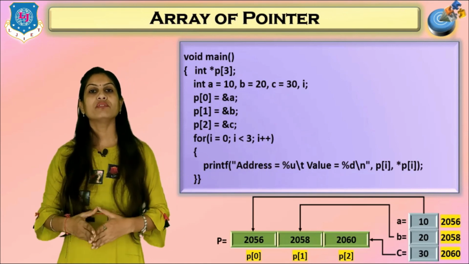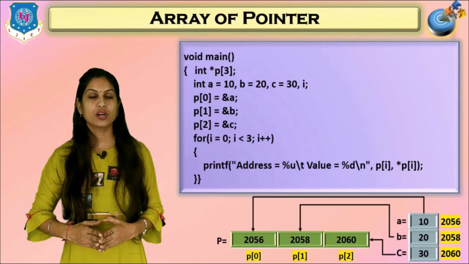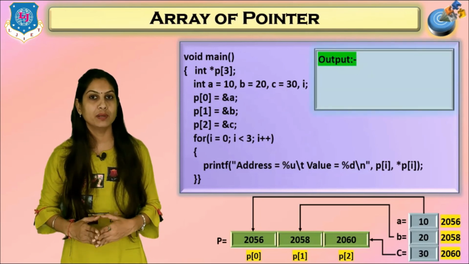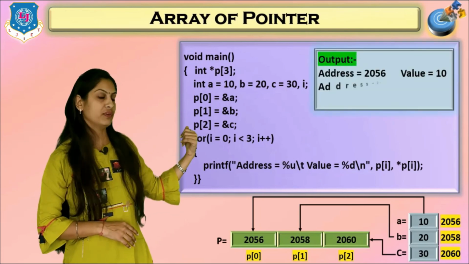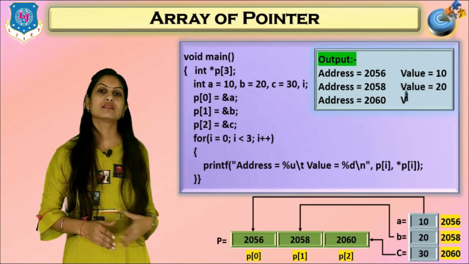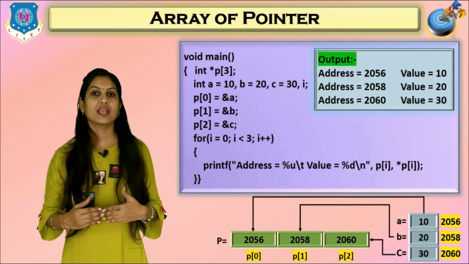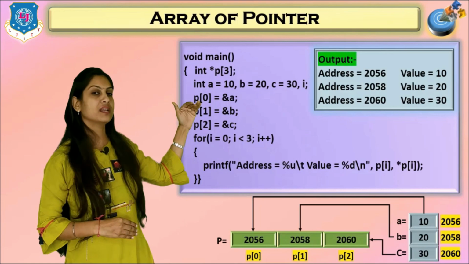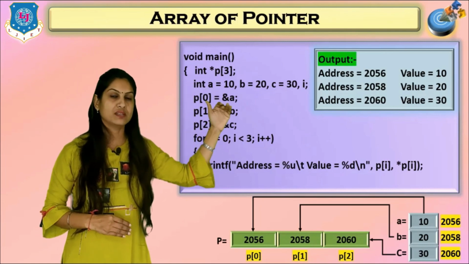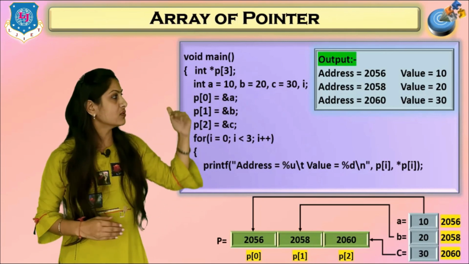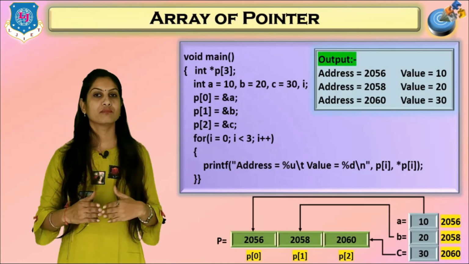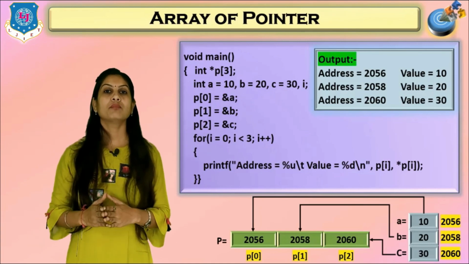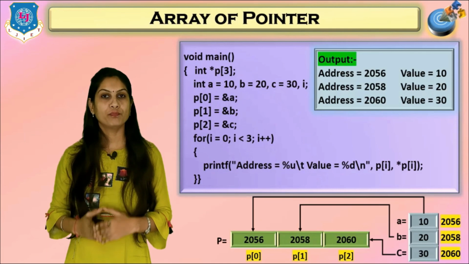So the output of this program is nothing but what? First the address of a will be printed, that is 2056, and then the value is 10. Likewise the second address is 2058 and the value is 20. Then address is 2060 and the value is 30. Clear? So this is about the concept array of pointer.